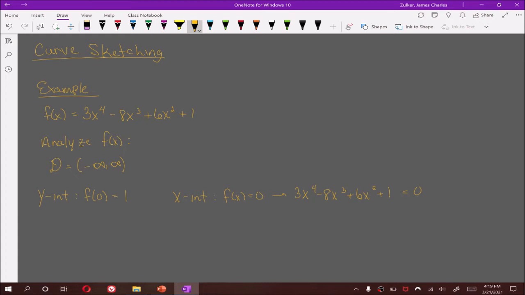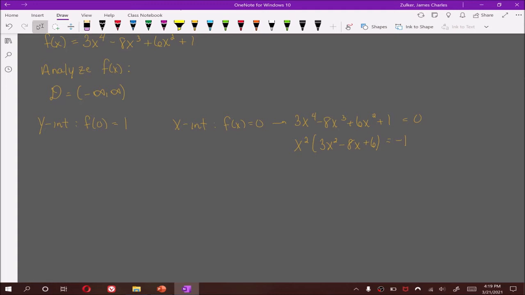Right now, we can factor out an x squared from the first terms. We get 3x squared minus 8x plus 6. That would equal negative 1. Now, since x squared is always positive, this would mean that 3x squared minus 8x plus 6 would have to be less than 0. Let's see if this is true.